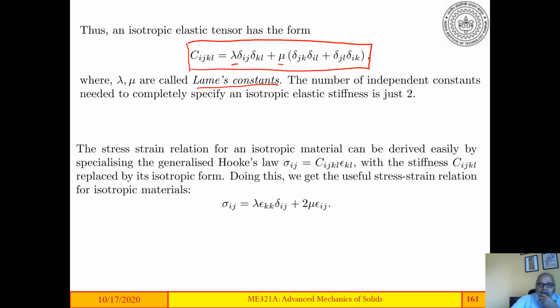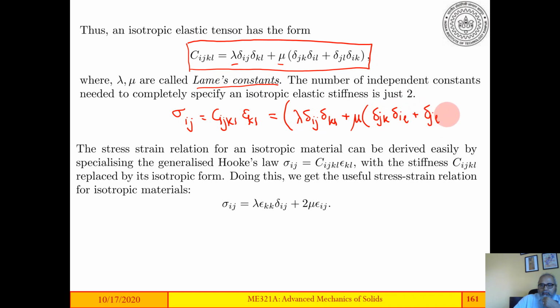Okay. So now how do I write the stress strain relation? It's easy. So I write sigma ij equal to Cijkl epsilon kl. This still holds. And then now for an isotropic material, this is what I will have times epsilon kl.